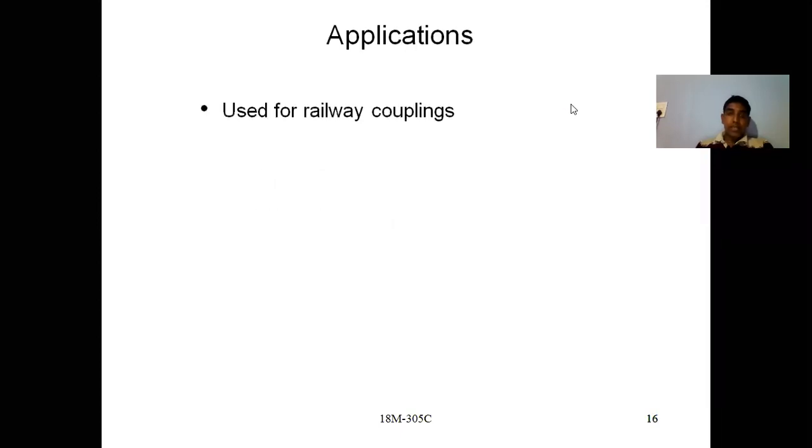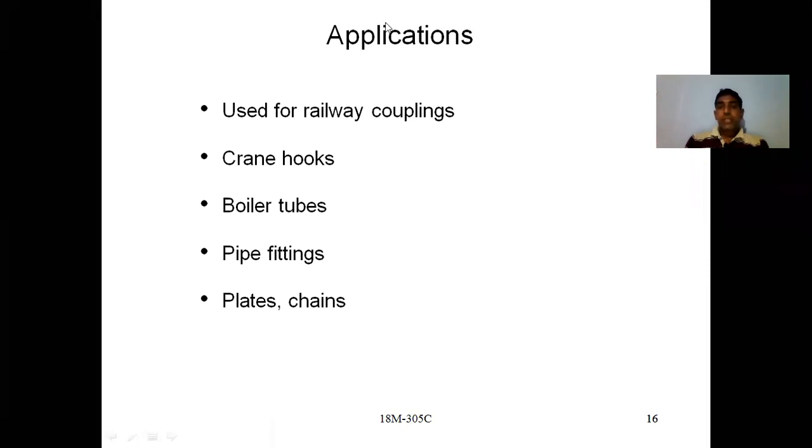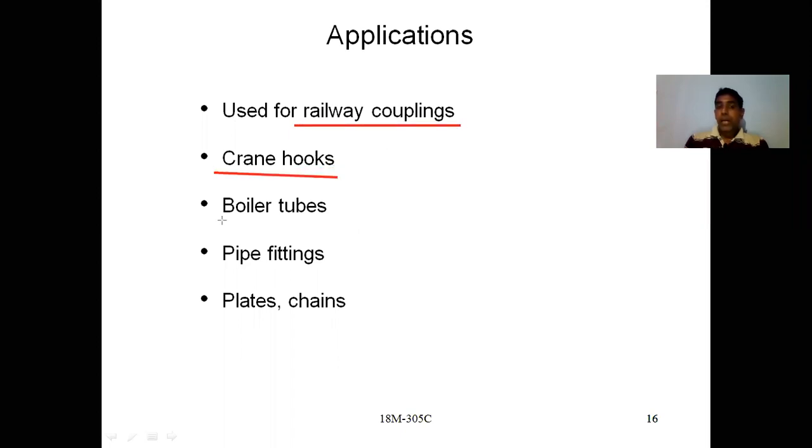So what are the applications where we can use this wrought iron? See here, wrought iron can be used for railway couplings. So for manufacturing of railway couplings, we can use this wrought iron. It can also be used for making crane hooks, boiler tubes, pipe fittings, plates, chains.